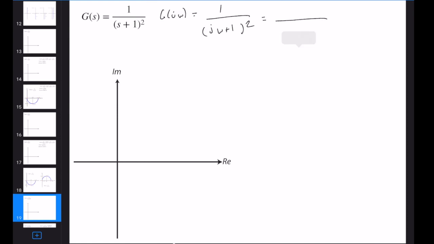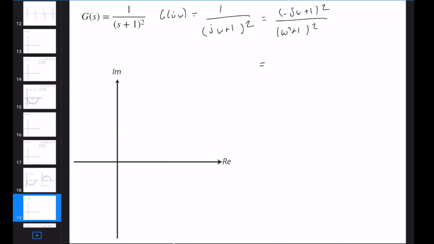Okay, so we do that, and this will be omega squared plus 1 squared, because this is minus j omega plus 1 squared. Let's analyze it a little bit more.